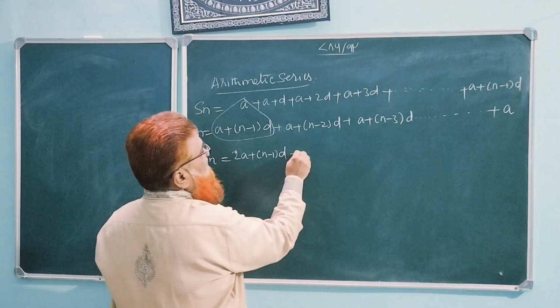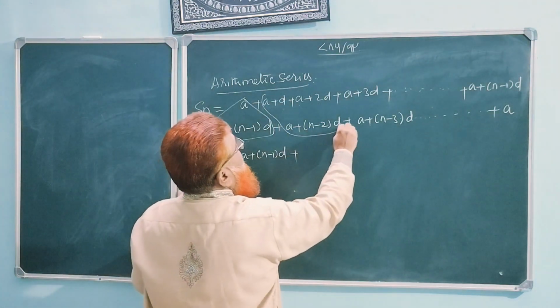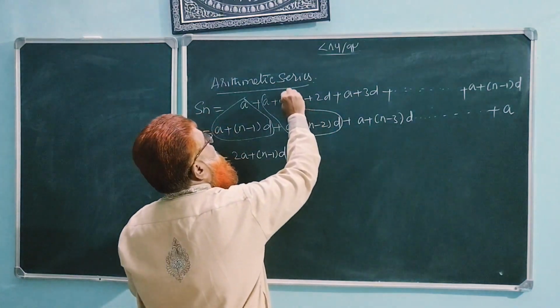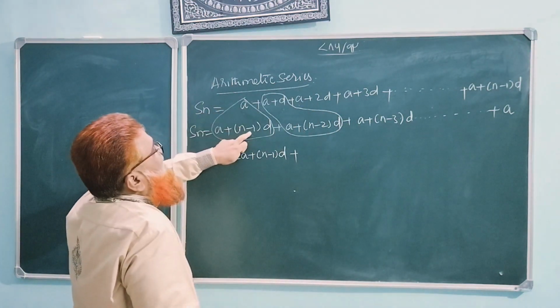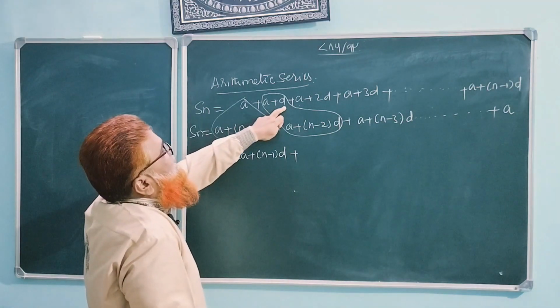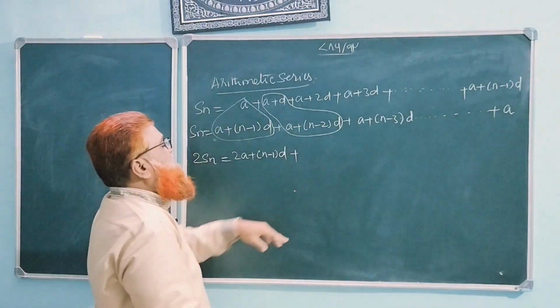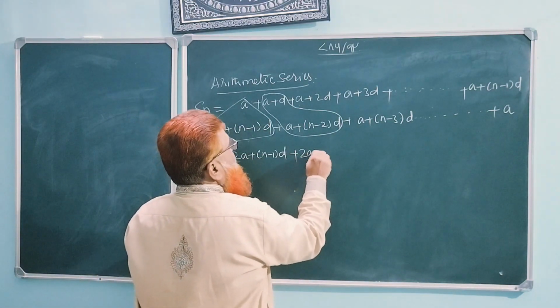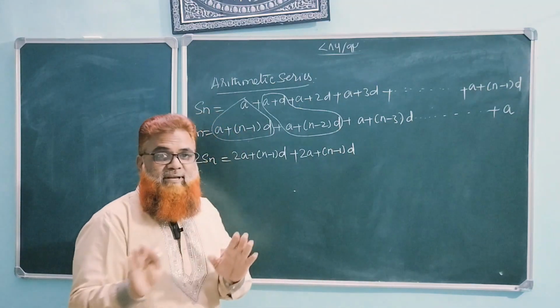Similarly, the second term a plus d and a plus (n minus 2) into d: this is a difference of 2d minus 1d, which is again (n minus 1) into d, so 2a plus (n minus 1) into d.